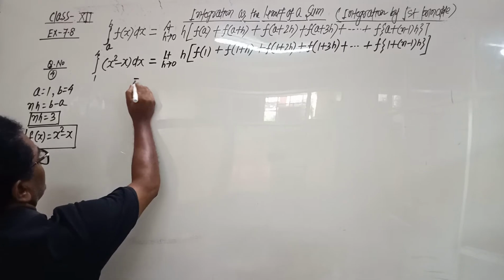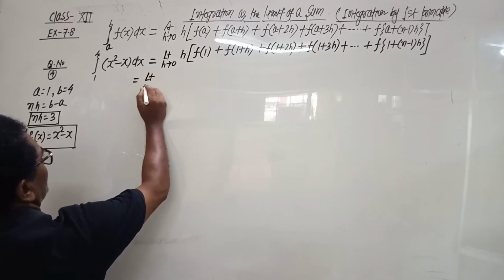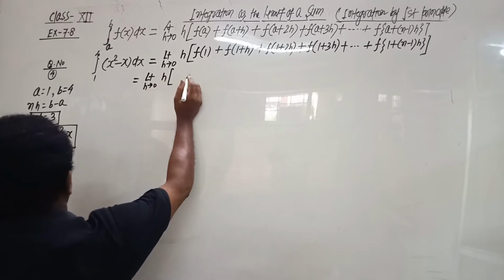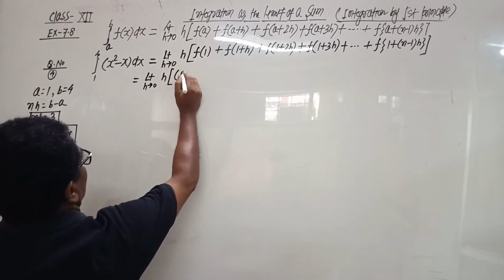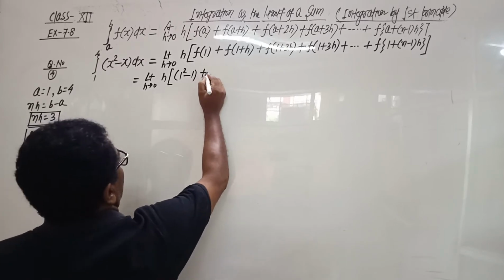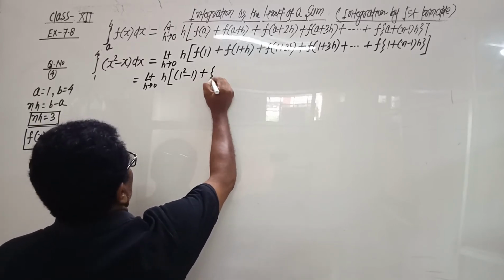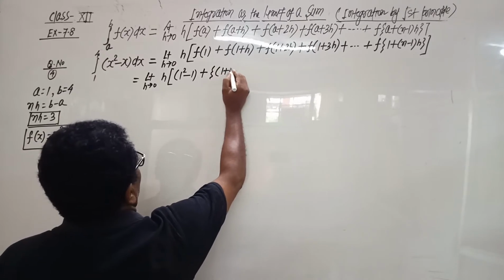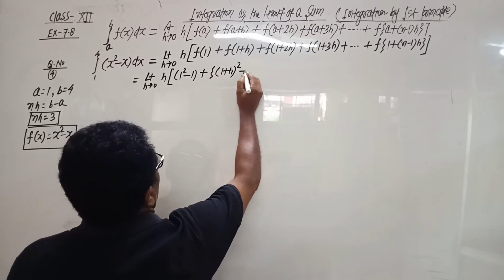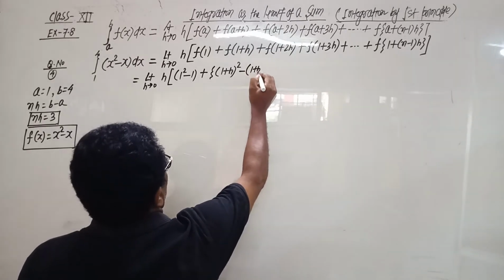Then we get limit h tends to 0, h times [1 square minus 1 plus f(1 plus h), so this will be (1 plus h) whole square minus (1 plus h).